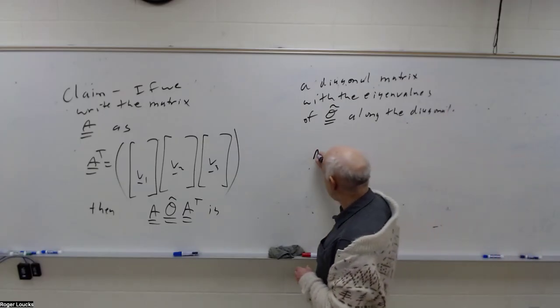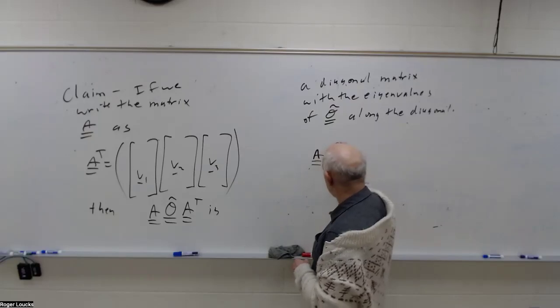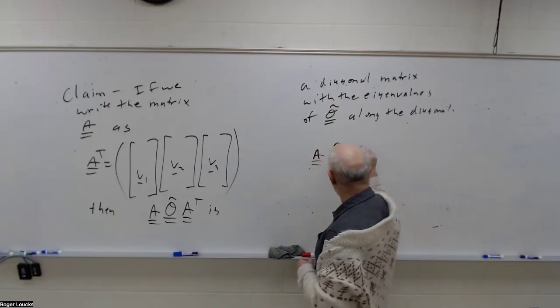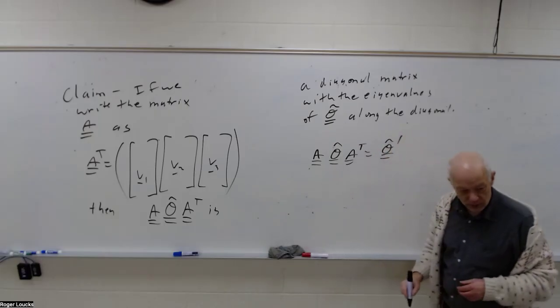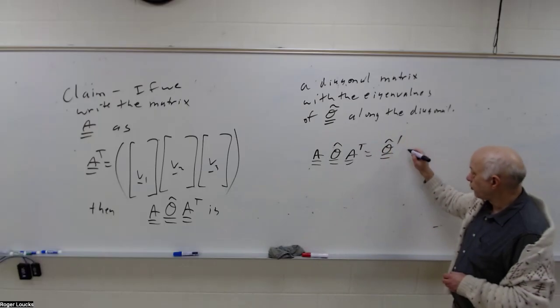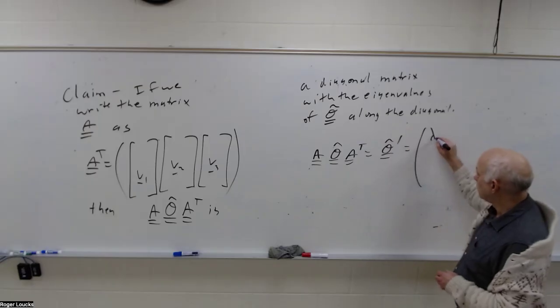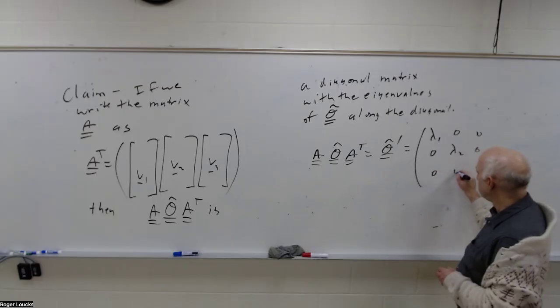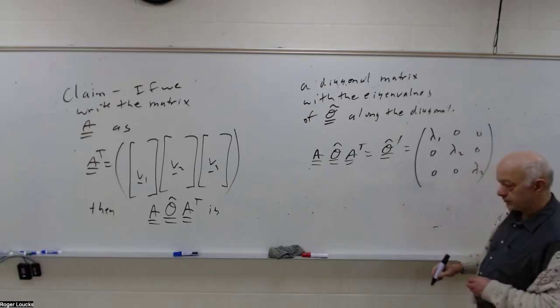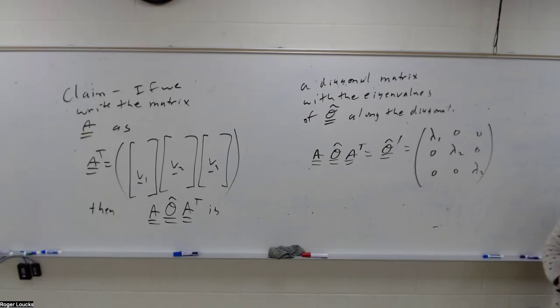The claim is that if I do this, I'm going to have some new matrix. I'm going to call it O prime. And this O prime is going to be lambda 1, 0, 0, 0, lambda 2, 0, 0, 0, lambda 3. What do you think is going to happen in quantum mechanics? What do you think that becomes?